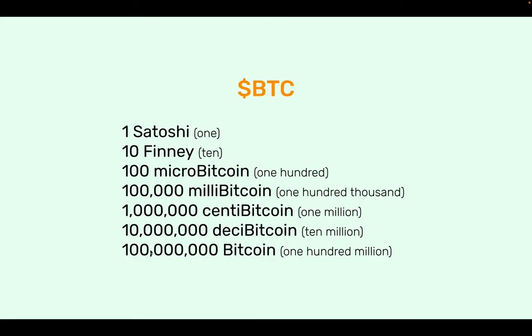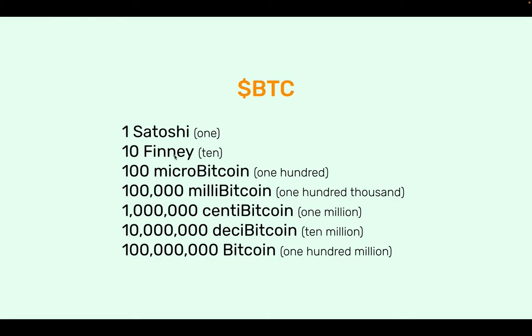So these are the denominations of Bitcoin that are used by machines and software developers and engineers because they have to express it in the quantities of the atomic units. And these denominations are: a 100 millionth of a Bitcoin is 1 Satoshi. This is in honor of Satoshi Nakamoto, the creator of Bitcoin.